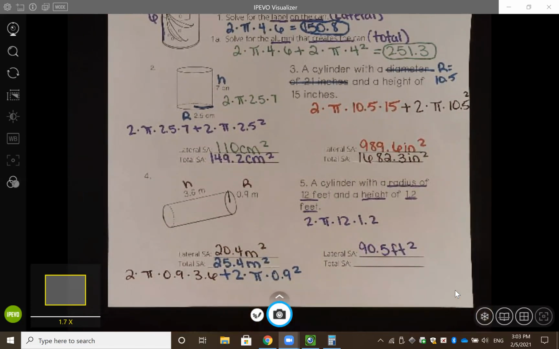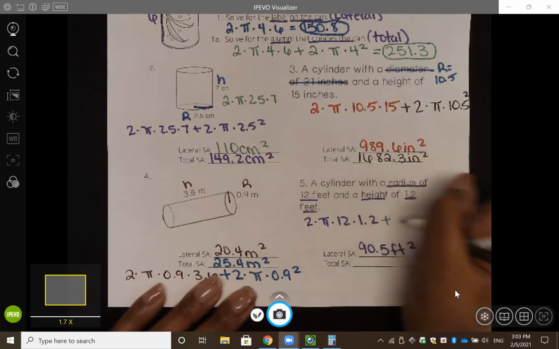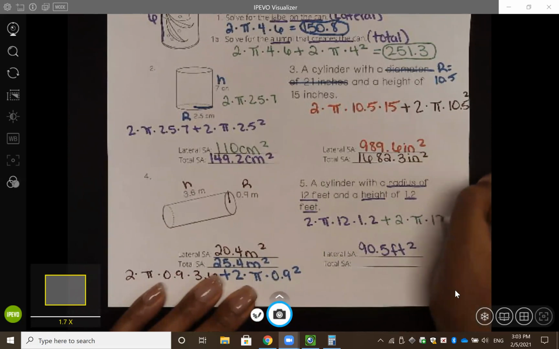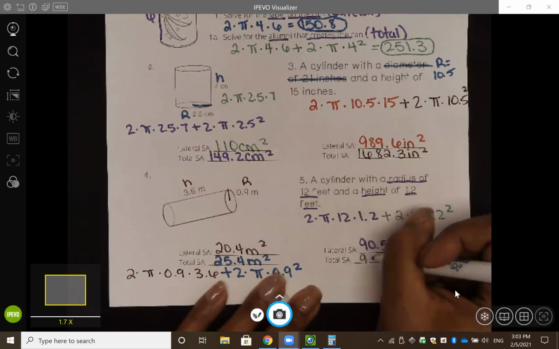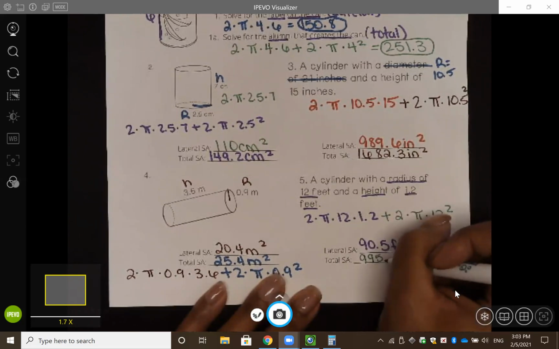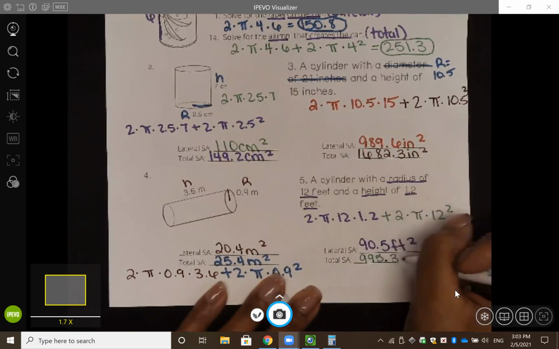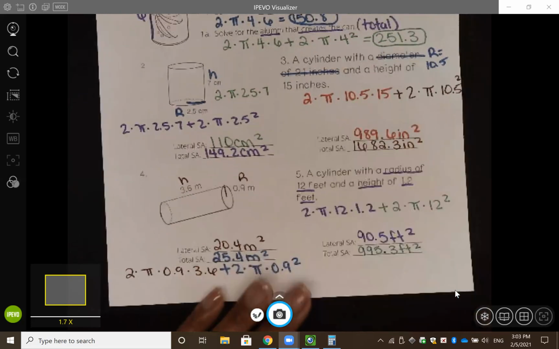And then from there, I'm going to add on the rest for my total, which is 2 times pi times radius squared, which is 995.3 feet squared.